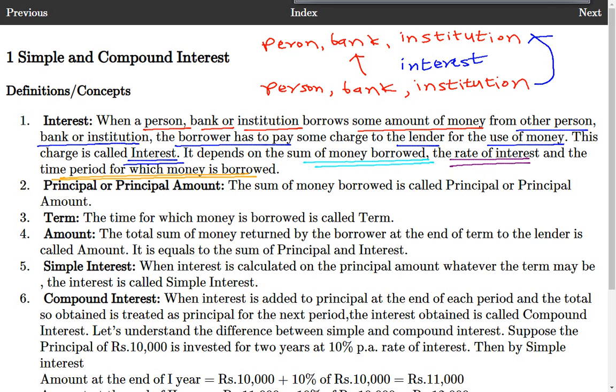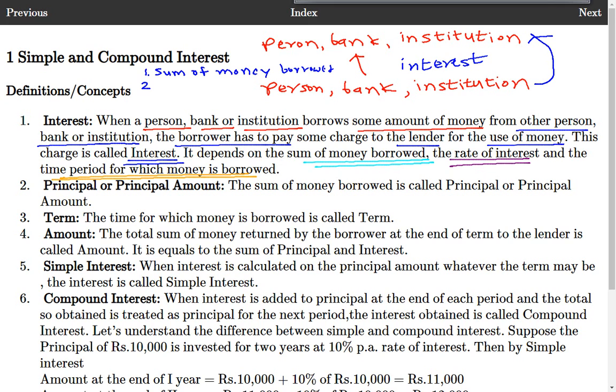Interest depends on three factors. So first factor, it depends on the sum of money which is borrowed.